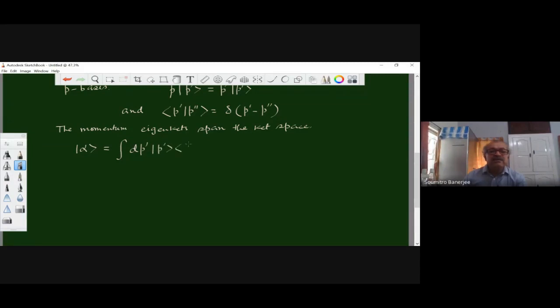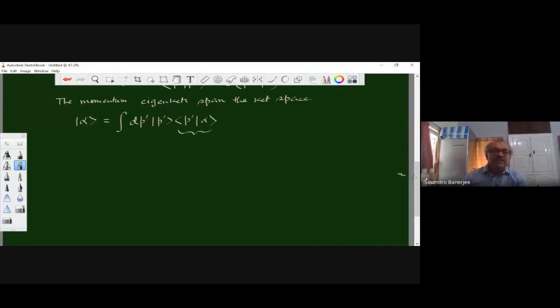We'll write this, and then operating on alpha. So what we did there, we are doing exactly the same thing in this case. Okay, and the meaning of this is again the same or similar.